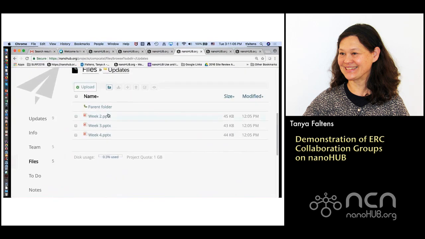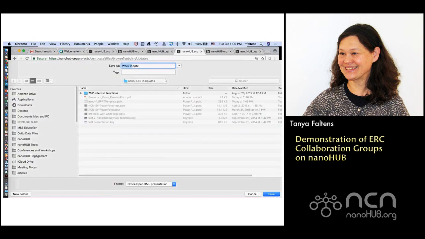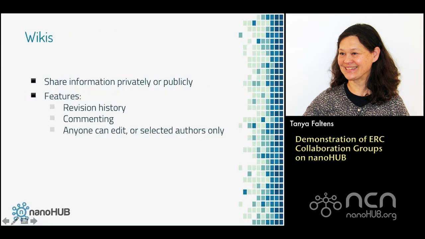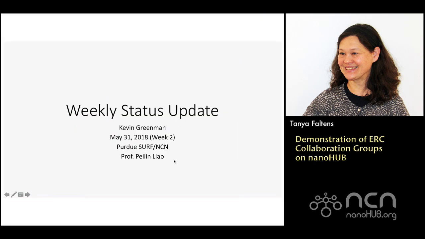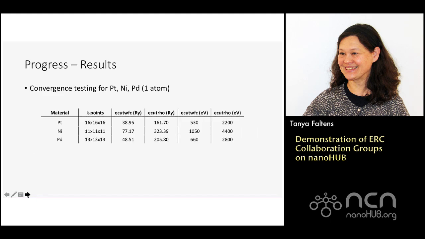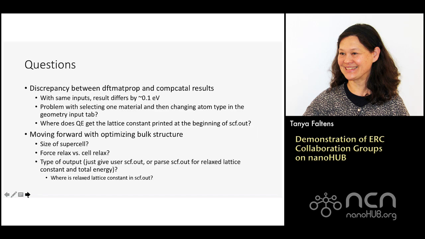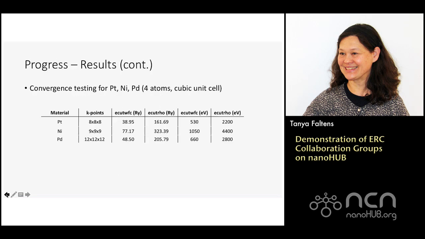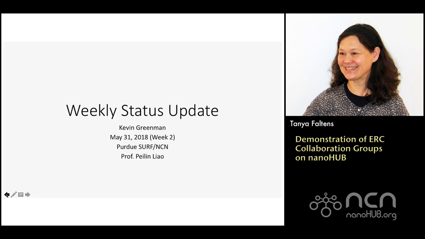For the regular group meetings, week 2, week 3, week 4, you can come in and just take a quick look at their weekly status update. It's a really nice way of sharing material with other people who are either members of the group or not members of the group. Let me come out of this.